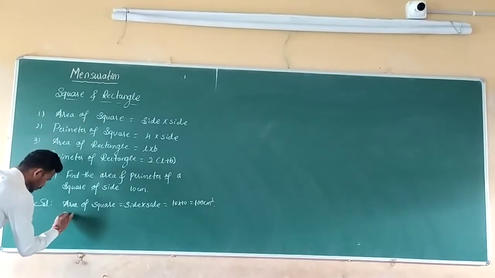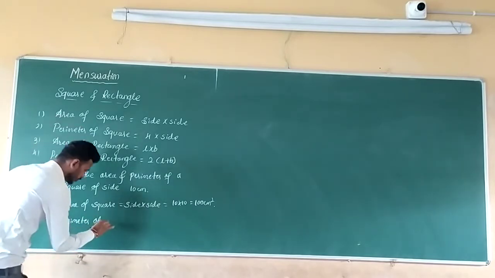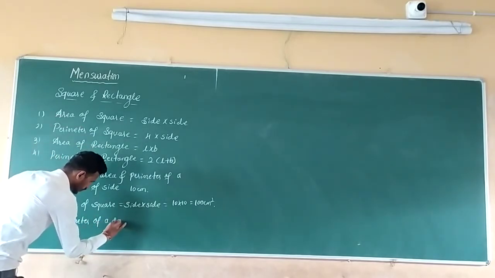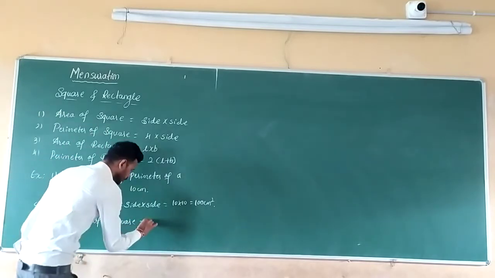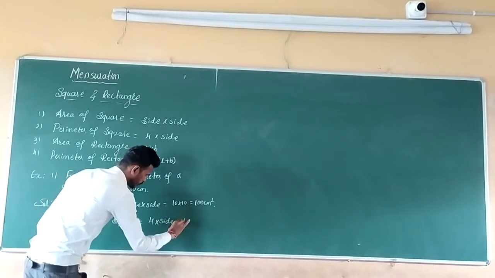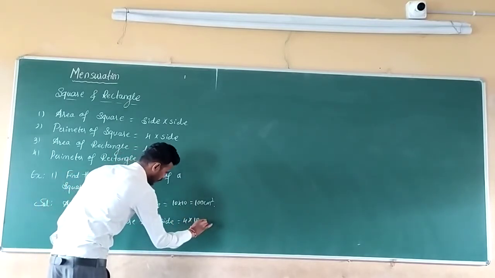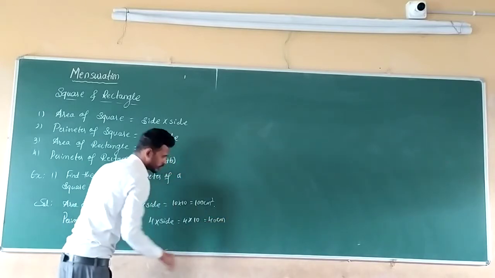And next, perimeter of a square, which is equal to, what is the formula? 4 into side. So 4 into 10, the answer is 40 centimeter.